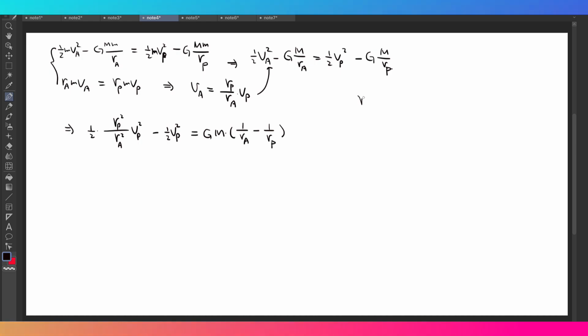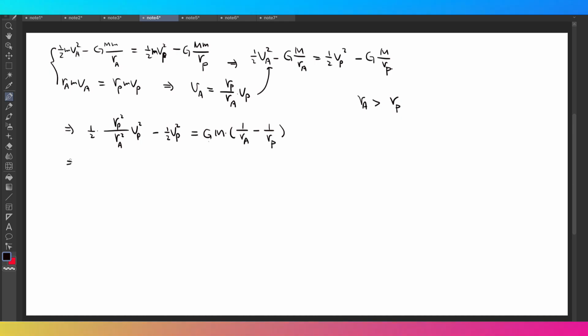And since I know RA is minimum, so RP is maximum, so the oh sorry, I said the opposite. RA is maximum, RP is minimum. So we know this term is negative, right? And let's change the sign here.